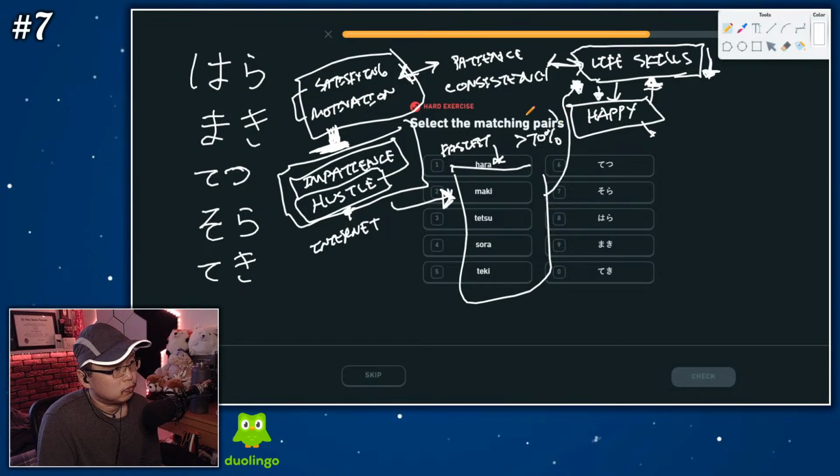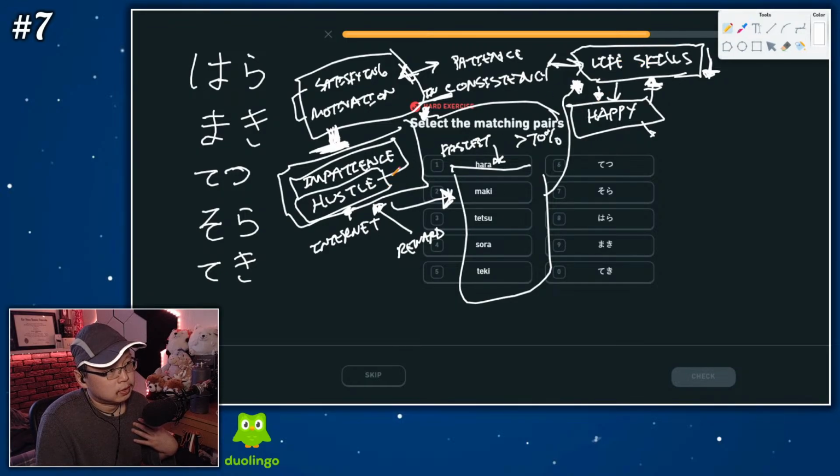They usually brute force past motivation and satisfaction, past the inconsistencies, in order to learn something that the hustle will reward them with faster gratification. And to me, which is a subjective point of view, I think language and communication is a life skill.